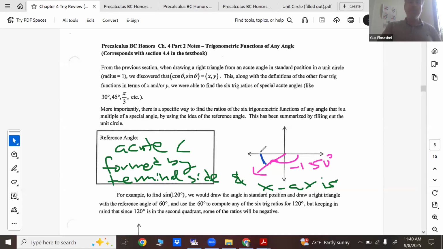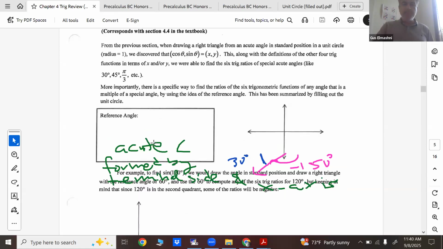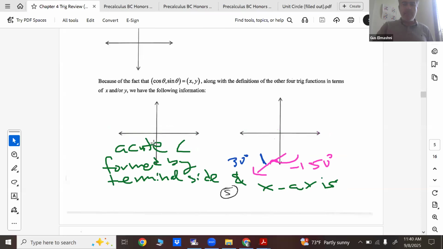So what would be the measure of that angle? So you refer to 30 degrees in the first quadrant. 30 degrees, the coordinates were root 3 over 2 comma 1/2. So let's expect these coordinates to be similar, but make an adjustment for x being negative and y being negative. So that's what we call a reference angle. It's an acute angle formed by the terminal side and the x-axis. So 120, the reference angle will be 60, right? We know that. And you can do likewise with radians.